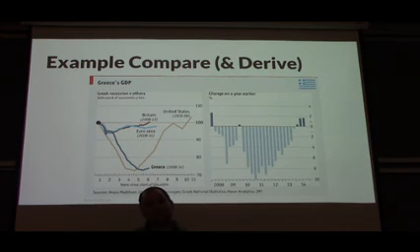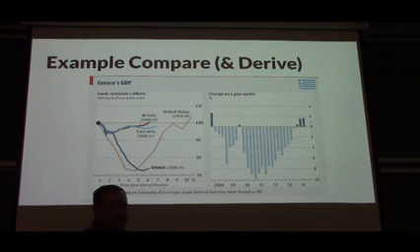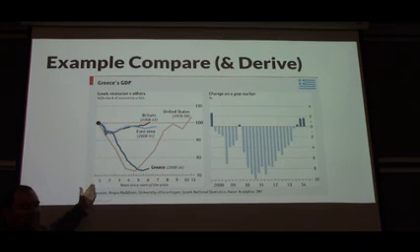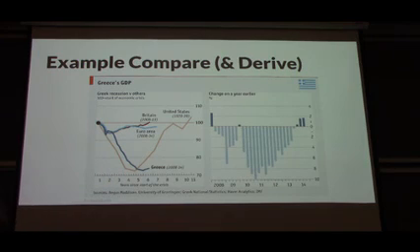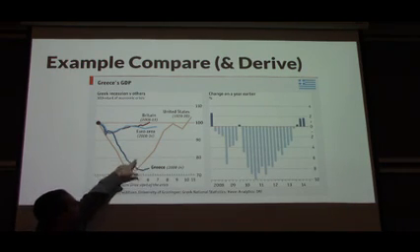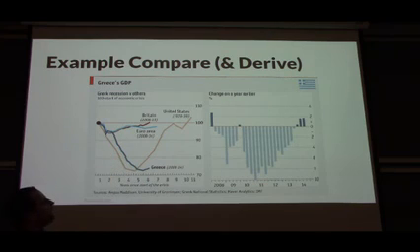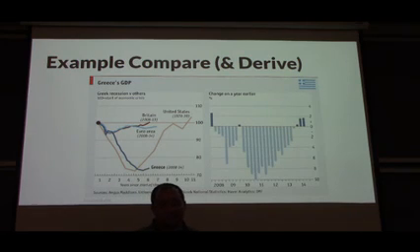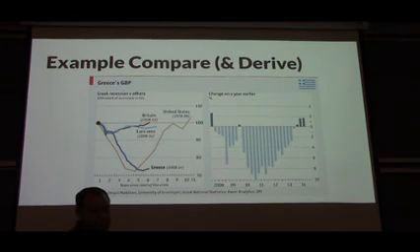So this is a comparison task, right? Here we have aligned by the start of the recession, not by the year that they happened. And so we can easily compare between what is going on in Greece and in the United States. By comparing, we can also see that there's quite a difference in how the impact of the recession in 2008 hit Greece compared to Britain and other Euro countries.